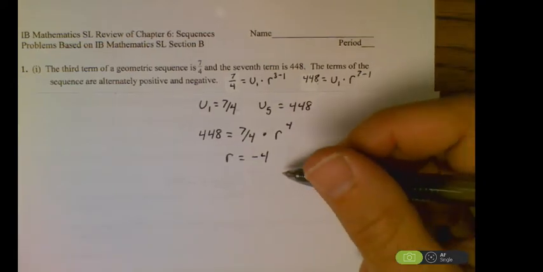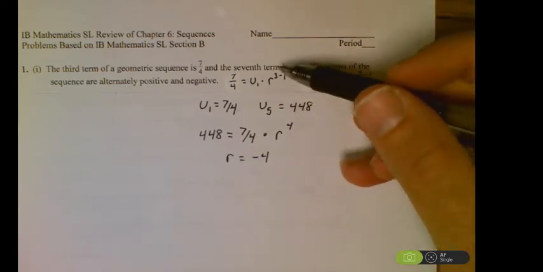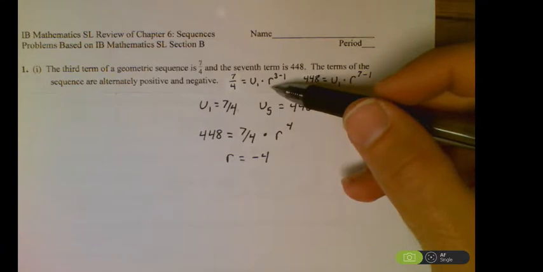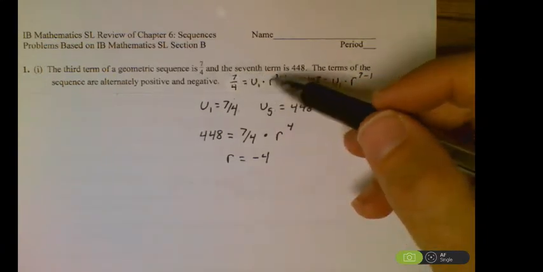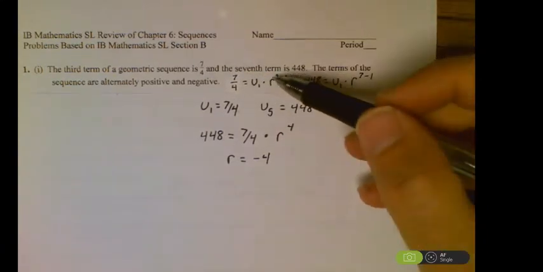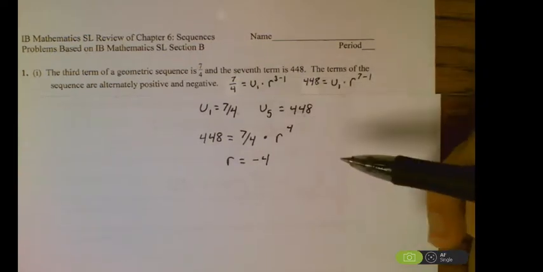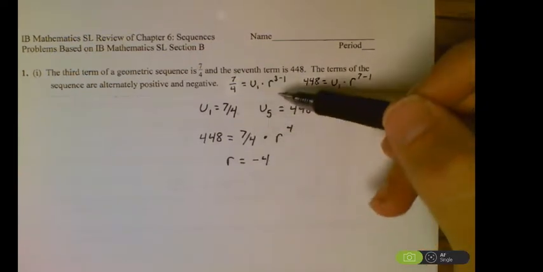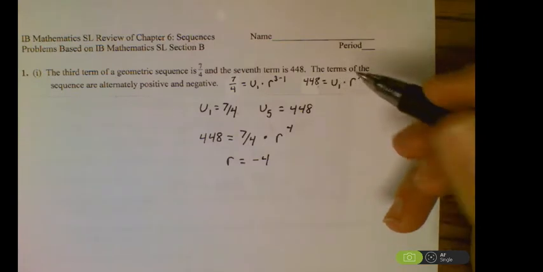Now that we know our common ratio is -4, I can now sub it back into one of the proper equations, where this was actually the third term and the seventh term, to figure out what the real first term was. So now I would just go with maybe this one right here. That looks easy enough.